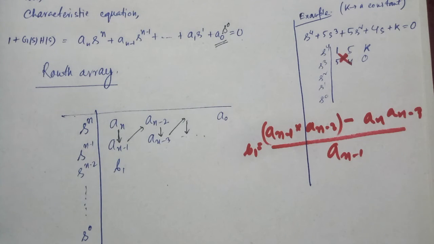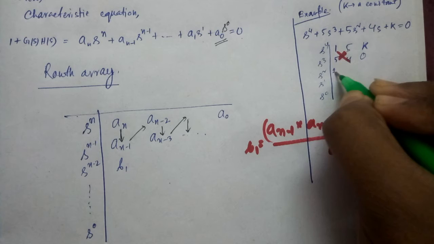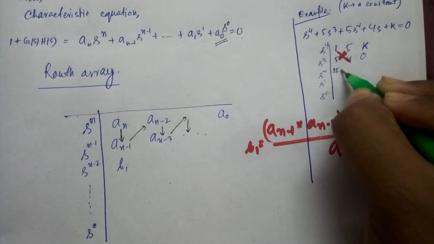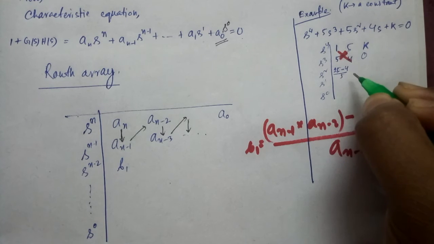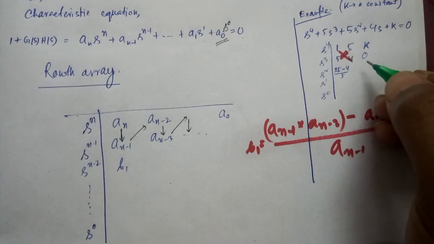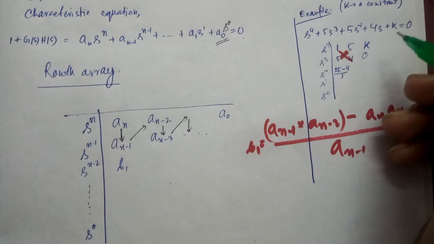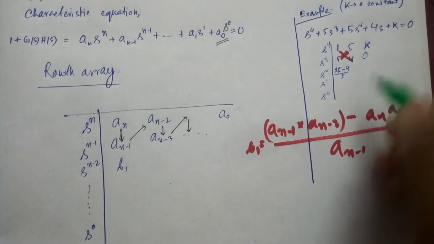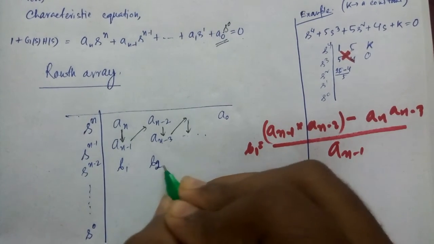So I just have to write 5 into 5, 25, minus 4 into 1, that is 4, by 5, that is 21 by 5. So the next term is very important. The procedure we are finding it, that is, if I want to find b_2.